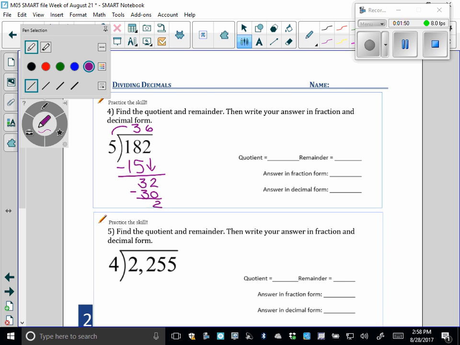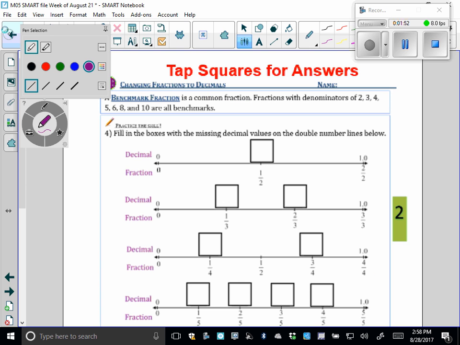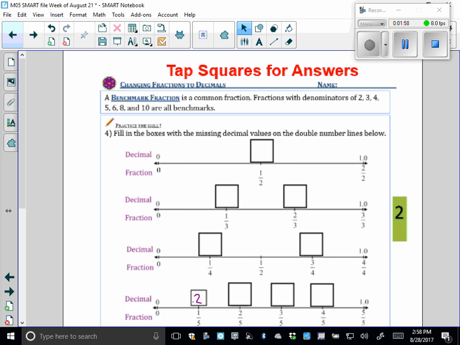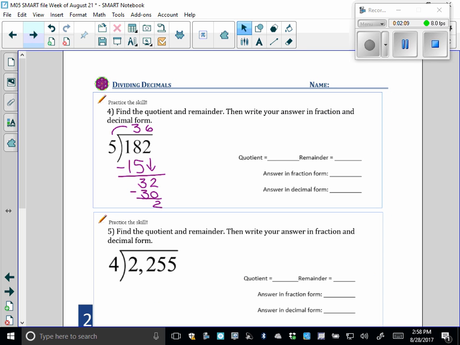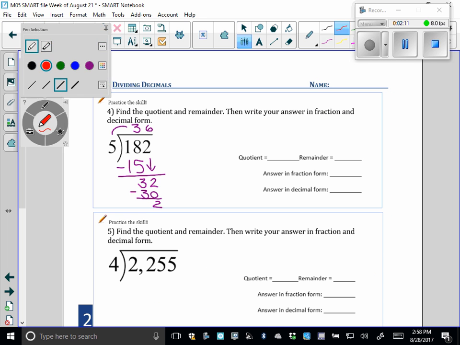So do you remember the other day when we looked at this benchmark chart, we learned fifths? And fifths are 0.2, 0.4, 0.6, 0.8. So 2 fifths is 4 tenths. So if you know that by memory, then you don't have to do the decimal thing. Because if I look at this and answer the questions, the quotient is 36, the remainder is 2.